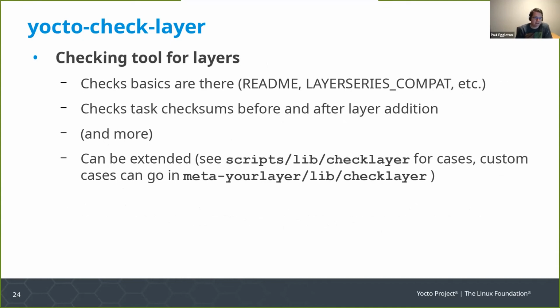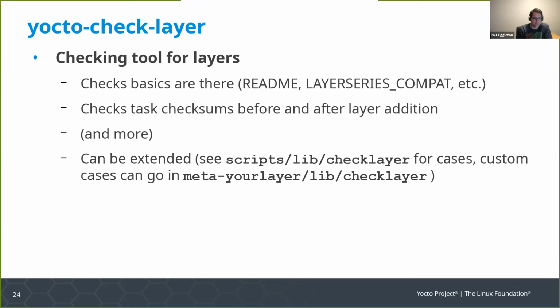By now you're probably thinking, surely we should have a tool to check a lot of these things, and we do in fact have a tool, that is yocto-check-layer. It checks the basics there, README, layer series compat, etc. One of the more interesting things it does is it checks the task checksums before and after the layer is added.